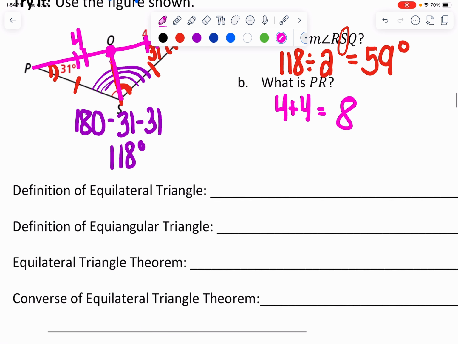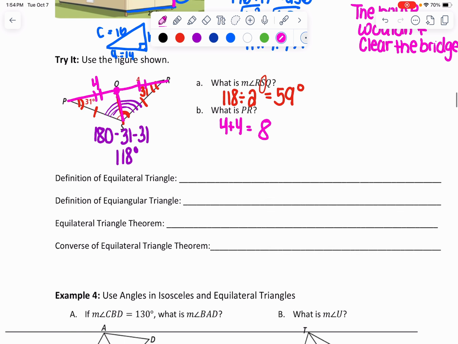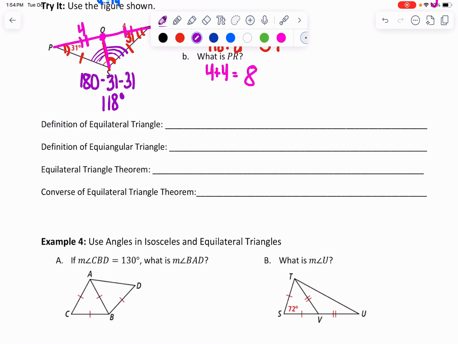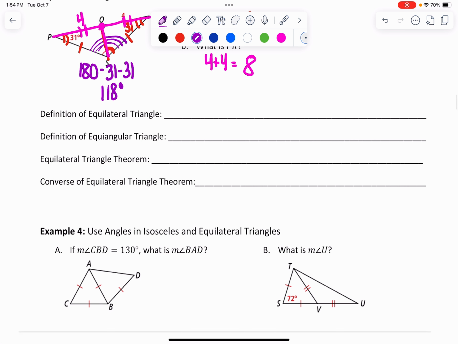Okay. So then this last section is going to be dealing with equilateral triangles. So let's just talk about what an equilateral triangle is. An equilateral triangle is all sides are congruent. That makes sense. So in other words, like this, 1, 2, 3, all those are equal. If a triangle is equilateral, it also means it's equiangular.